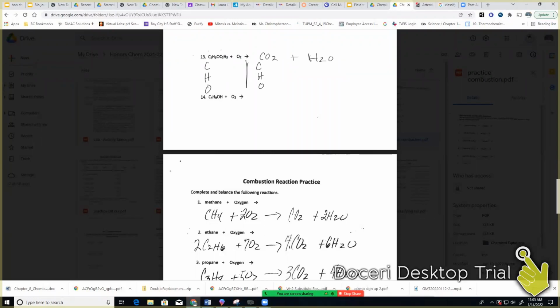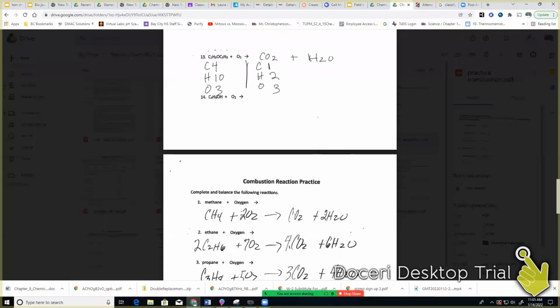So my carbon is in 2 places, so I have a total of 4 carbon. My hydrogen, 5 and 5 would give me 10. And at this point, I have 3 oxygen. And then over here, I have my usual 1, 2, 3.